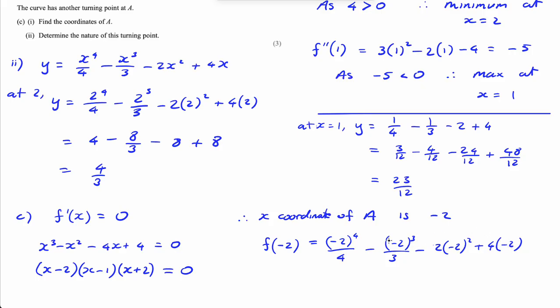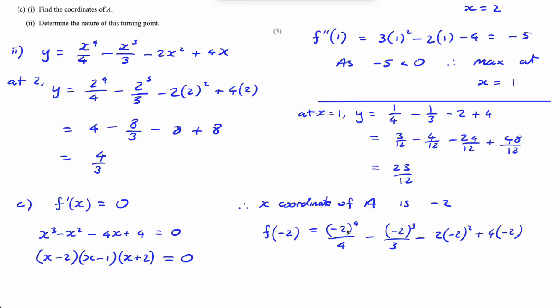Obviously, guys, you can use your calculator here. This is 16 over 4, which is 4, plus 8 over 3, minus 8, minus 8. And this is equal to 12 over 3 plus 8 over 3 is 20 over 3, minus 48 over 3, which is minus 28 over 3.